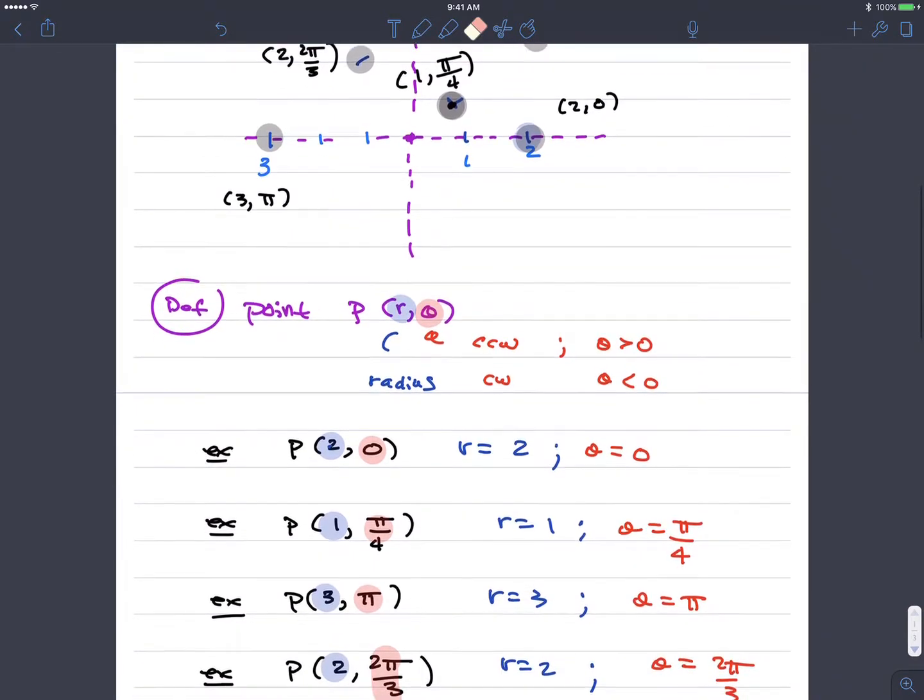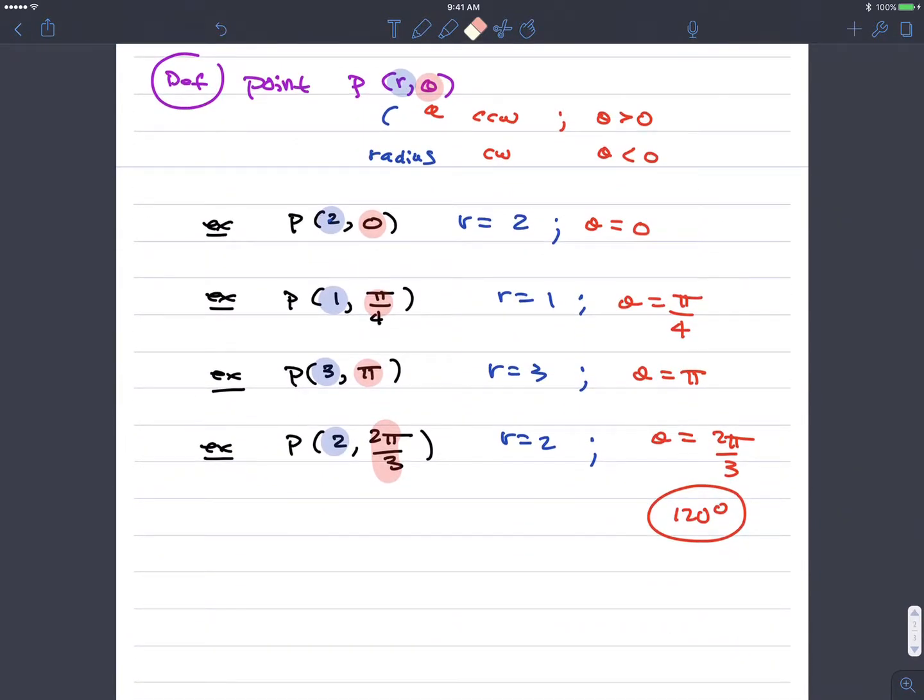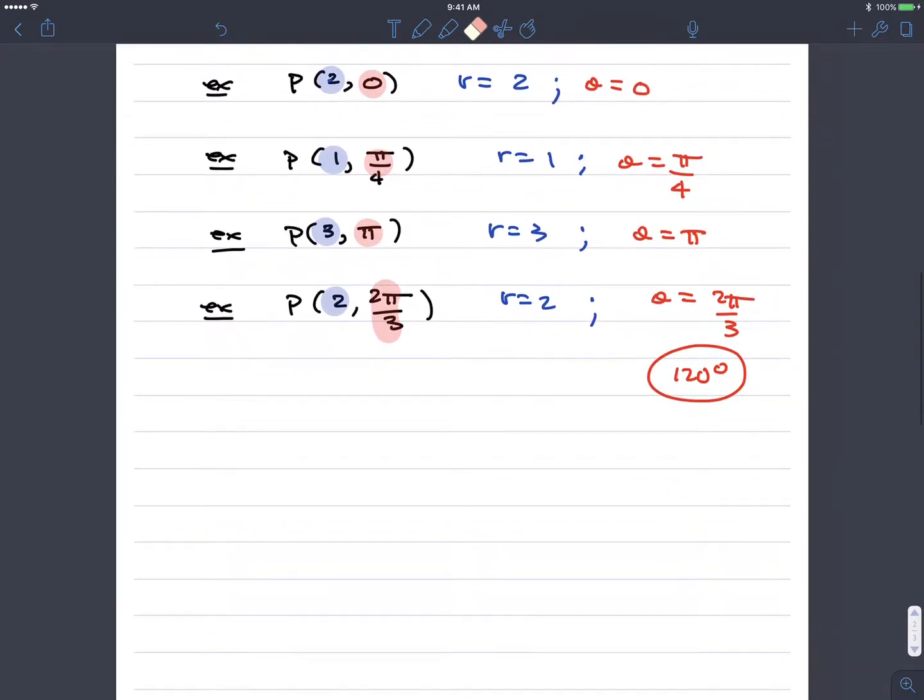Let's do some more. You guys ready to do some more? How about if I give you another example? Four comma 7 pi over 6.